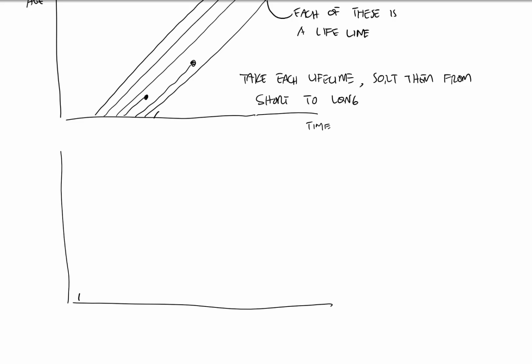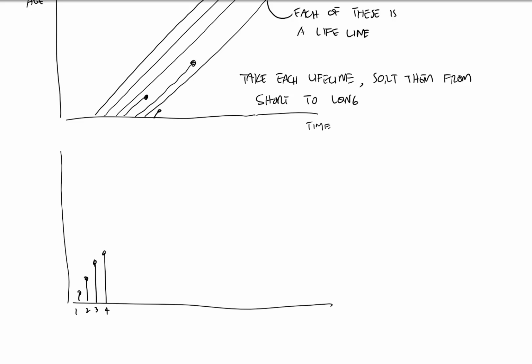There's a short one. This person unfortunately died quite young. Then there's another one who lived a little bit longer. And then here's another one, and then there's another one. We keep track of all of these. This is the first person, the second person, the third person, the fourth person.